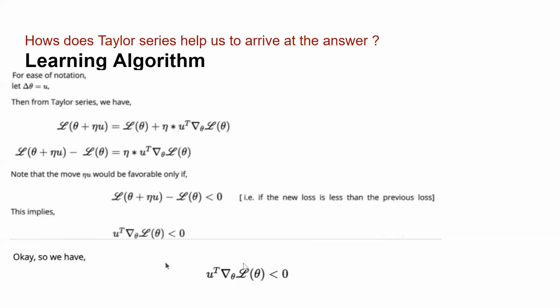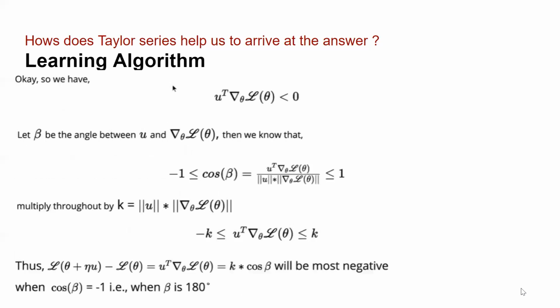And L of theta is the loss from the loss function. Yes, it is a loss. And before that, this gradient means derivative of that loss. Yes, exactly. So let's proceed from this expression here.